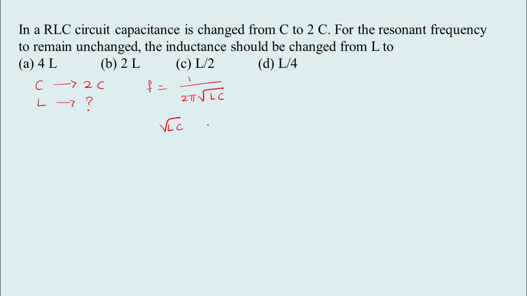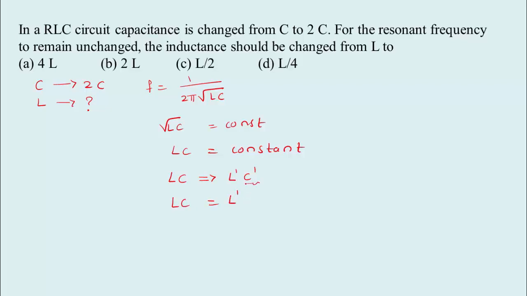Or you can use the relation: here LC is constant, or we can write LC equal to constant. So let us take initially the capacitor and inductor values are L and C. Then it changes to L dash and C dash. So LC equal to L dash C dash; L dash we don't know, C dash is how much?